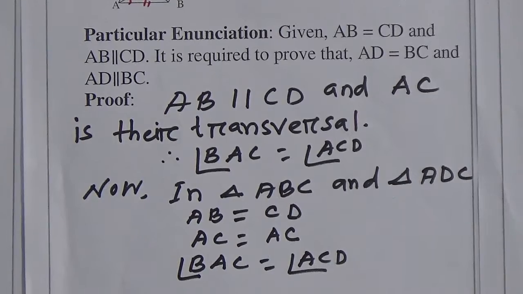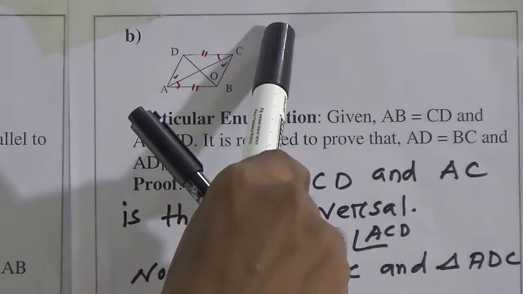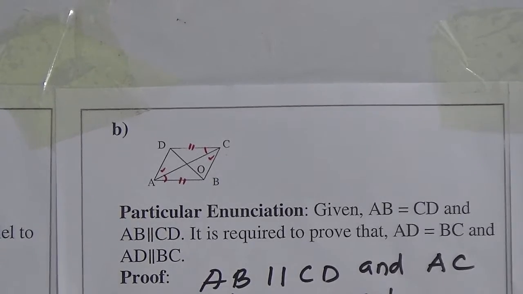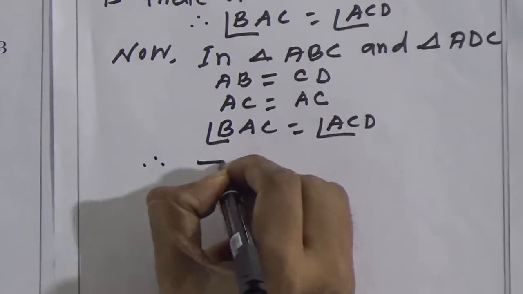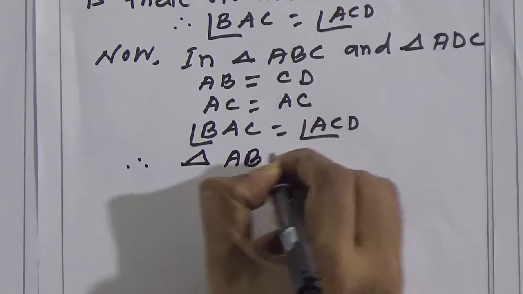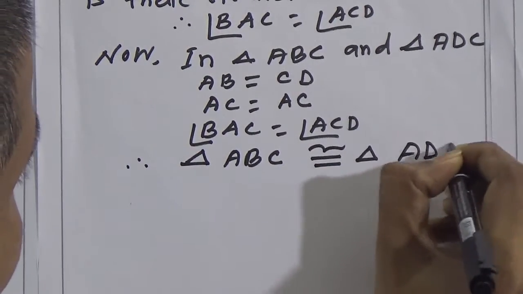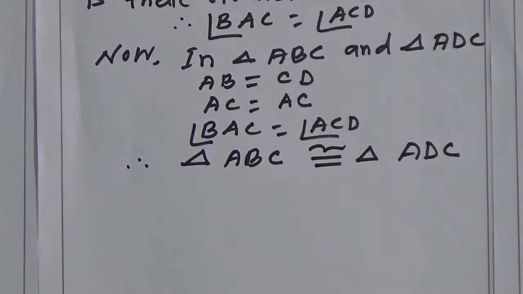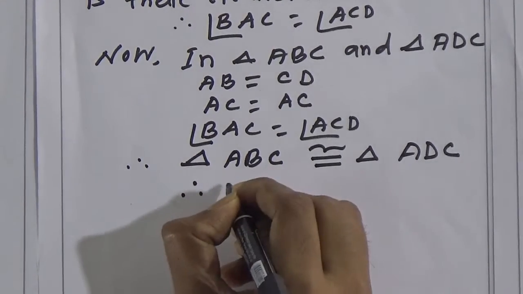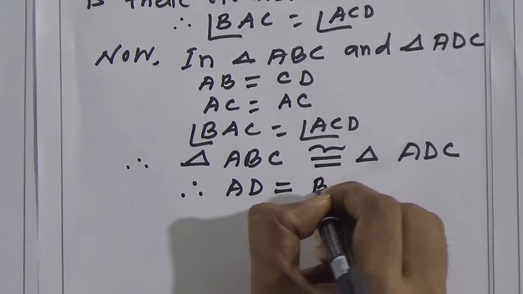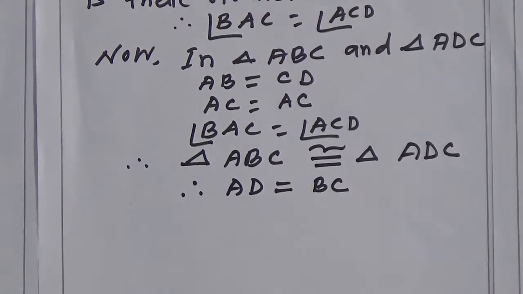But dear student, look, AB side and DC side are equal, AC side is equal, and BAC and ACD are equal. So we can say that these two triangles are congruent. Therefore, we write ABC congruent ADC. Hence, we can say AD equal to BC.